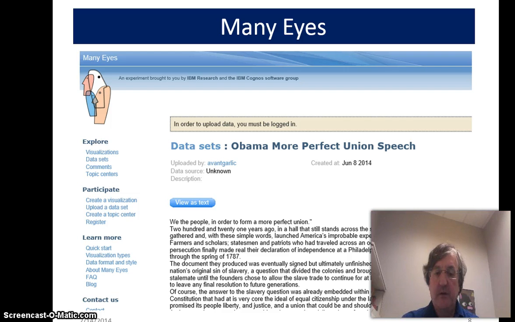So I found a speech by Barack Obama from the campaign, I believe in 2008, when he was criticized for having attended a black church that many thought was a radical church.